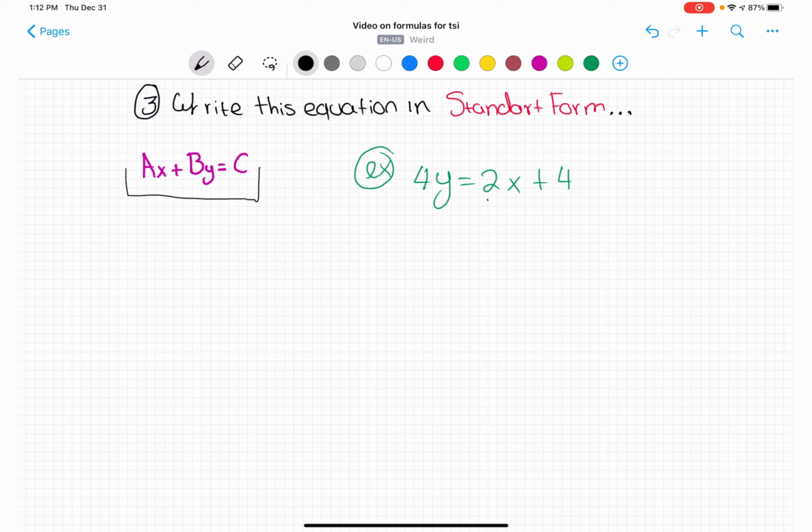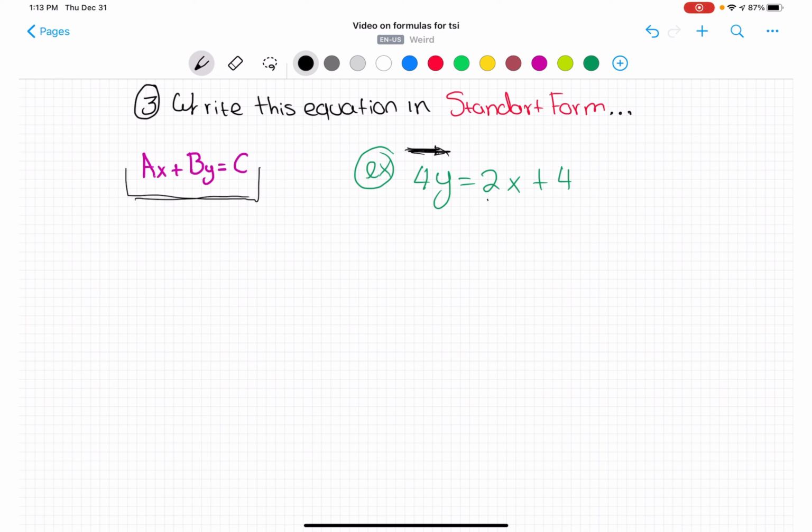So every time they give you an equation, for example this one that I have right here, so if they give you 4y equals 2x plus 4, and they ask you to write it in the ax plus by equals c or standard form, what you should do is basically move the variables to one side and the constant to one side, which is c.